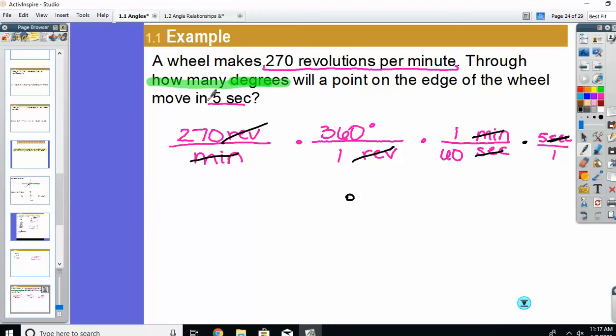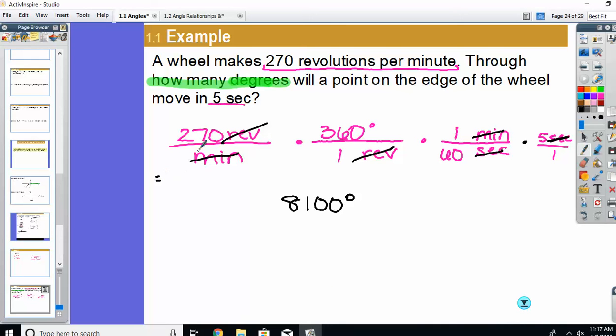So you do 270 times 360 times 1 times 5. And what do we have to divide it by? 60. Basically, you're just multiplying everything on the top, dividing by what's on the bottom. And I get the 8,100. If it makes more sense to you, you could do like an intermediate step.